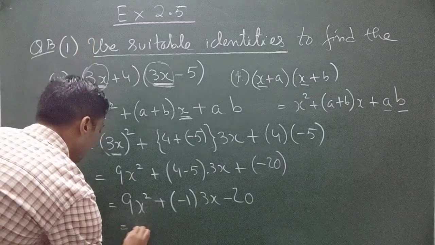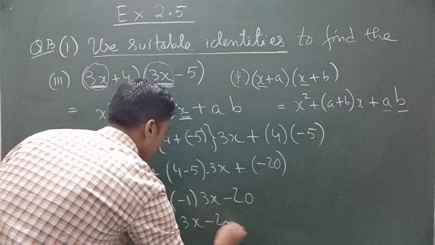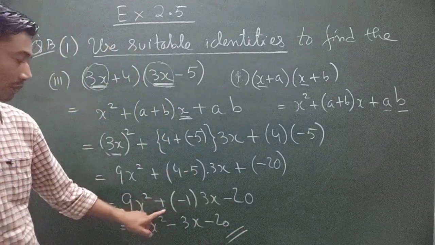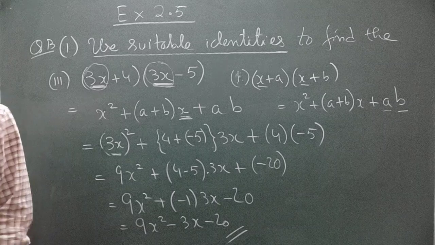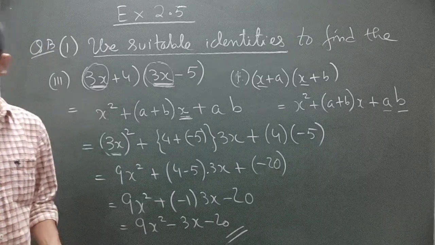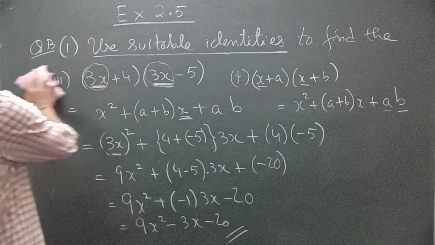Concluding, that's 9x squared minus 3x minus 20, because 1 into 3x is 3x, but the sign will be plus into minus, which is minus. So it's 9x squared minus 3x minus 20. All right? Okay.